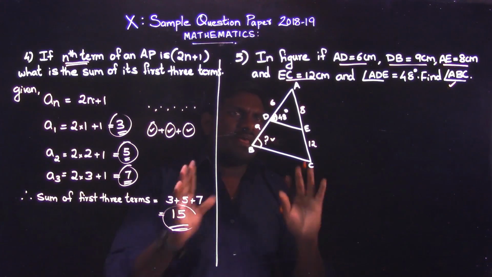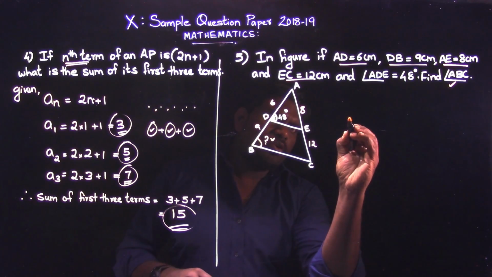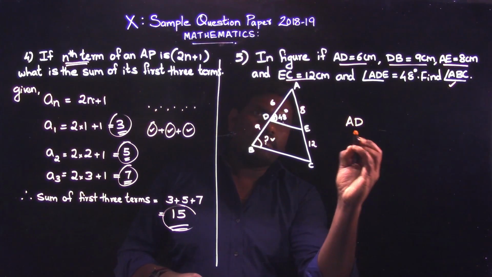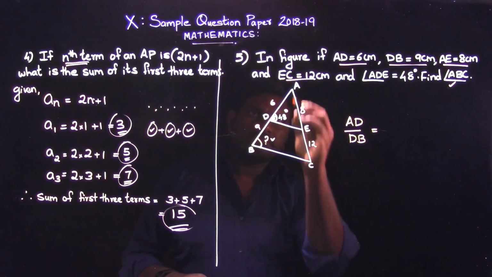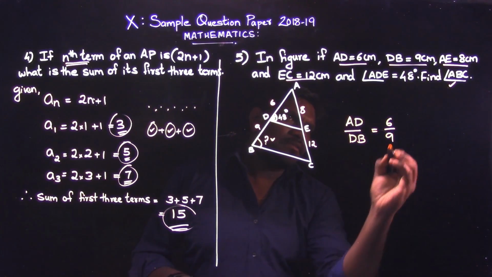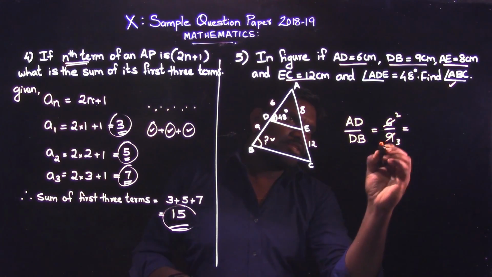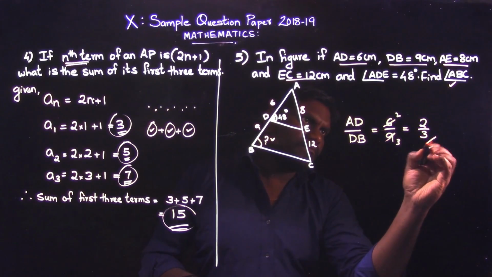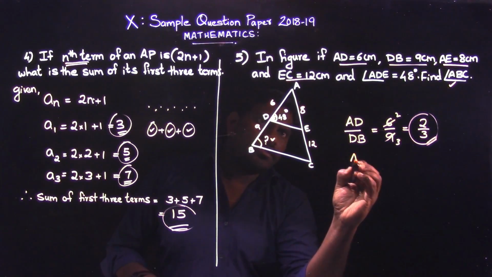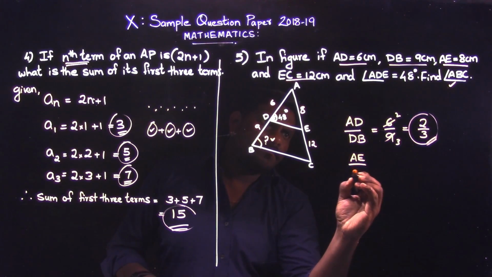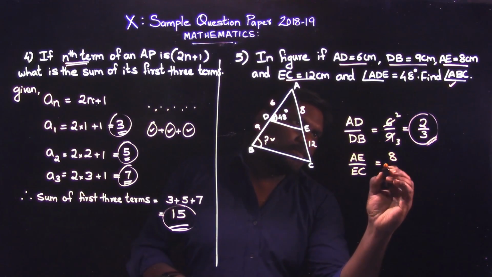Now you don't have anything else, just go ahead with one step here. You want to find the ratio of AD by DB. What is it? 6 by 9, which will be 2 by 3, isn't it? Yes. Now find the ratio of AE by EC. What do you get? 8 by 12.